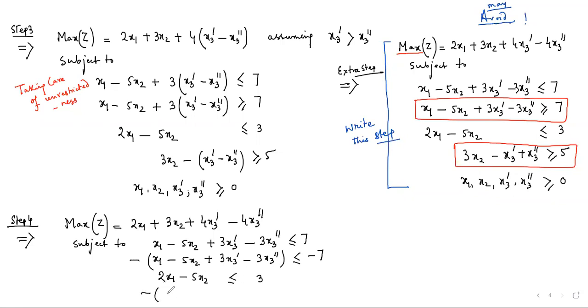Again, multiply by -1, we get 3x2 minus x3 prime plus x3 double prime less than or equal to -5. And x1, x2, x3 prime, x3 double prime, they are all greater than or equal to 0.